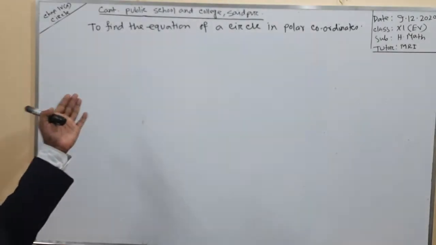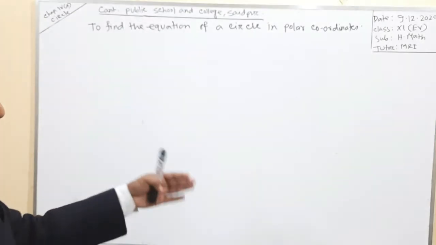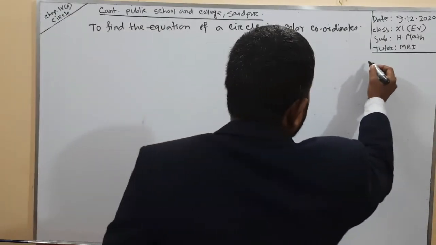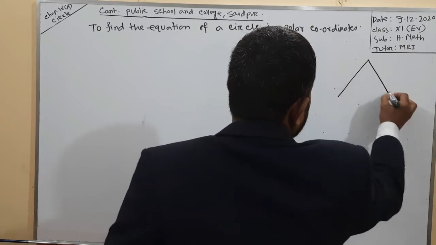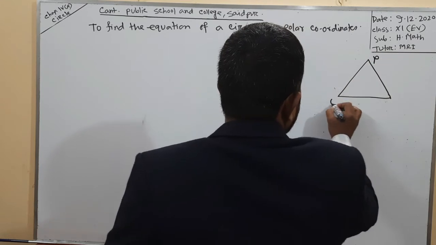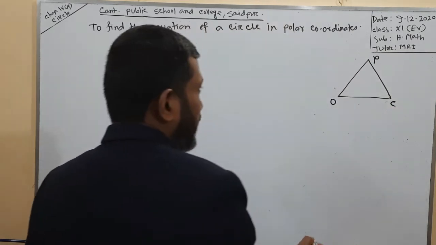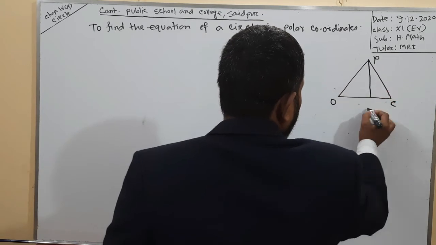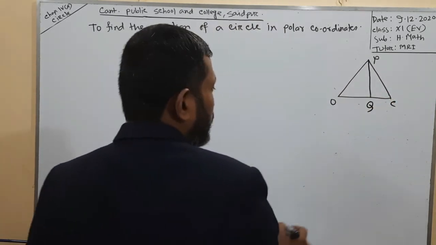Before proving this equation of a circle in polar coordinates, I want to make an important formula which is needed to prove this. Suppose here POC be a triangle, PQ is perpendicular to OC.